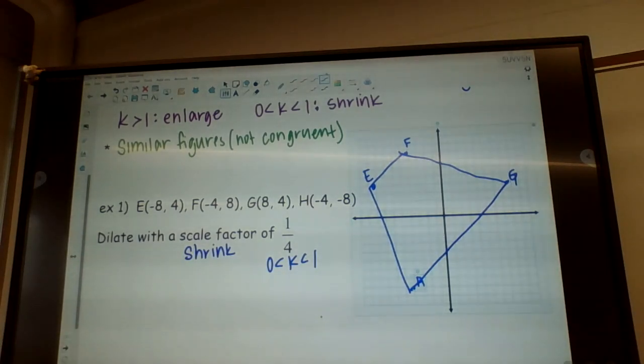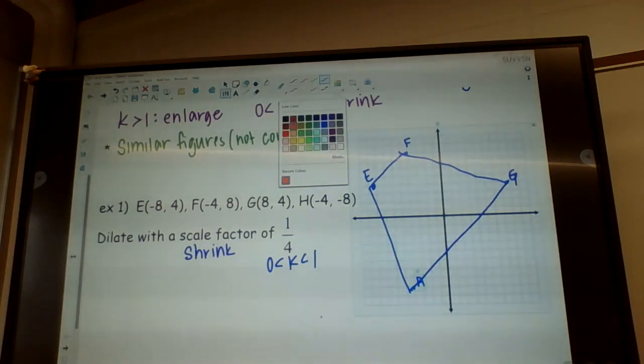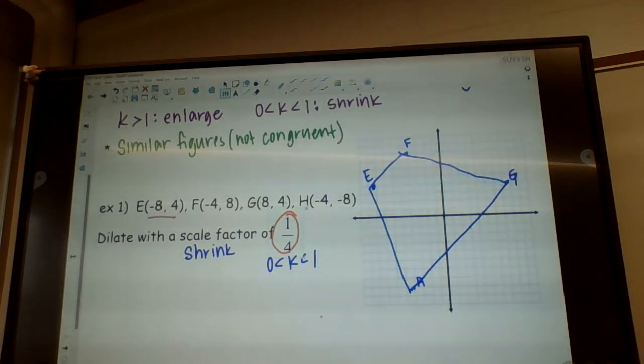But what we're doing is we're taking all these coordinate points and we're multiplying them by 1/4. So all of these are being multiplied by 1/4. So we're taking 1/4 of all of them. So our E prime, or our new E value, is going to be 1/4 of what this coordinate point is.